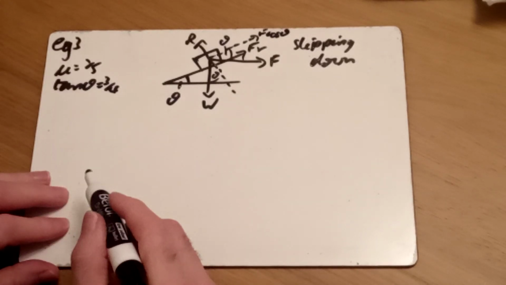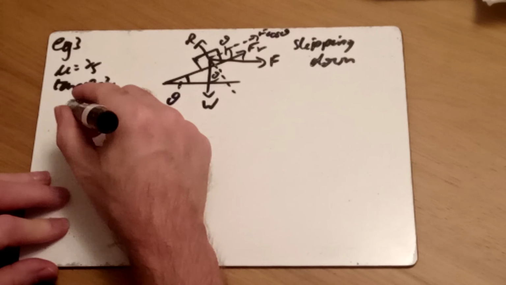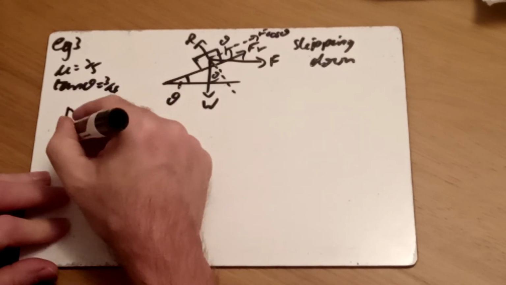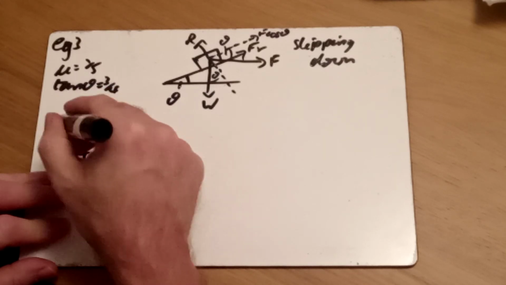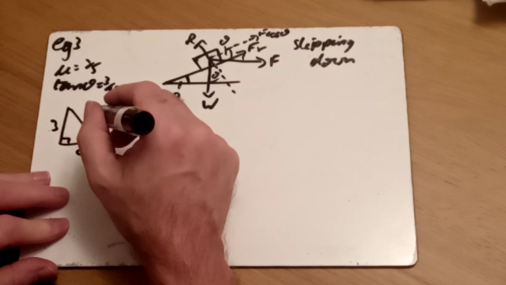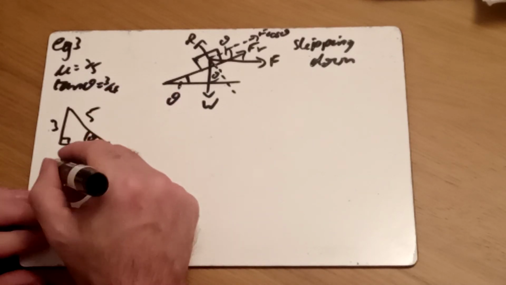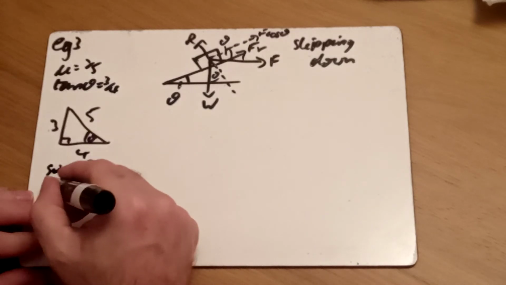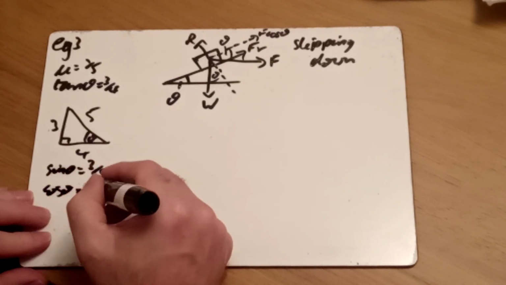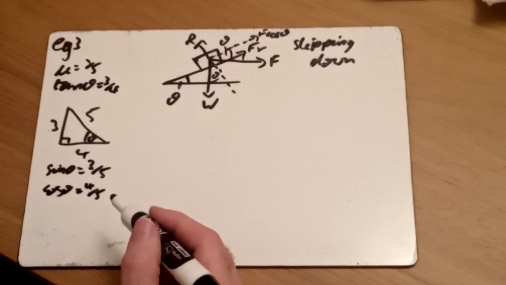They give me tan theta though. I could do shift tan 3/4 to get the angle. What I'm going to do is a little sketch, a right angle triangle with theta there. Tan is opposite over adjacent, and by Pythagoras 3, 4, 5, sine theta is opposite over hypotenuse, 3/5, and cos theta is adjacent over hypotenuse, 4/5.